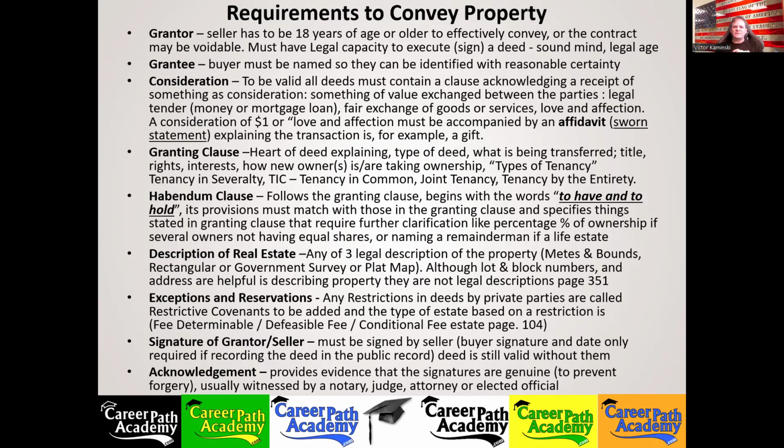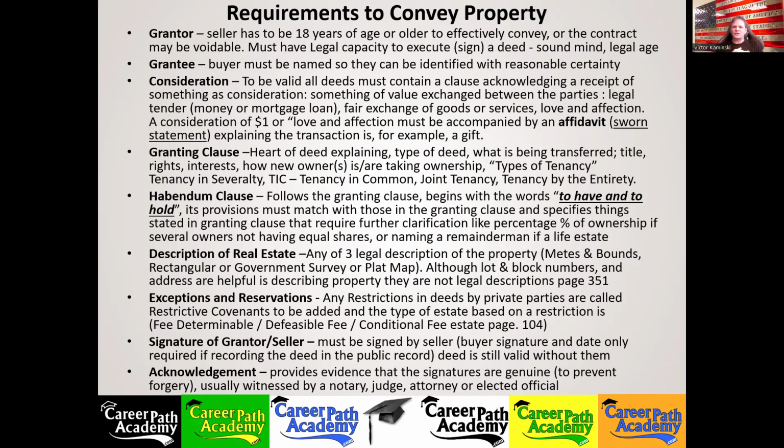Then the grantee is the buyer, who must be named so that they could be identified with reasonable certainty, and they need to be named in that deed. The consideration needs to be spelled out. What is consideration? Remember, there are 3 legal forms of consideration. Consideration is what the parties give or receive from each other for any contract to be valid.